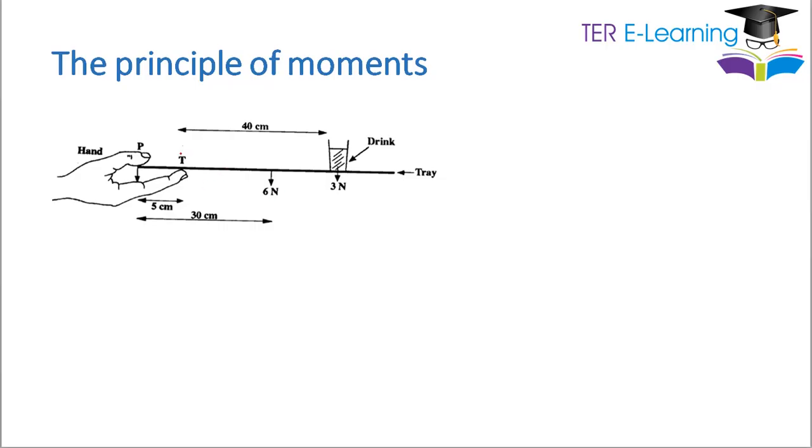Now let's take T as my pivot, right? So we're taking moments about T. And we say the sum of the total clockwise moments equals the total anti-clockwise moments. Again, all these questions start off the same way.